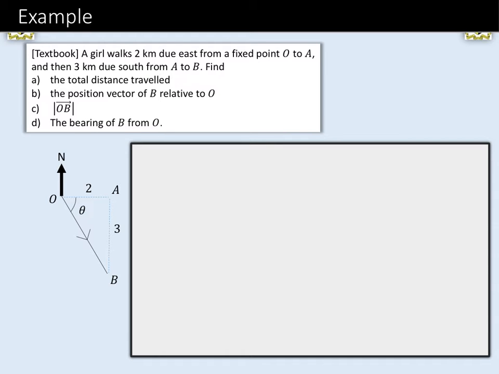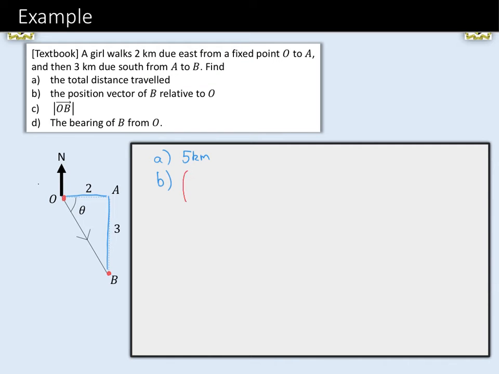So this is fairly straightforward. So because it's distance, she's travelled 2 kilometres here, and then another 3 kilometres here. So in total, she's just travelled 5 kilometres. Okay, so it says then the position vector of B relative to O. So for this then, we want the position vector here of B from O. So pretty much just how do I get from O to B?